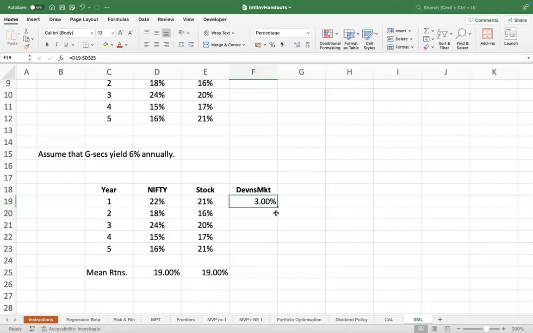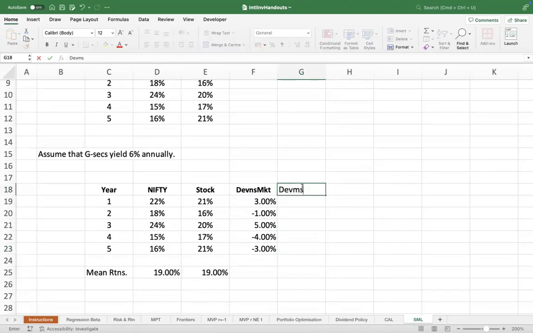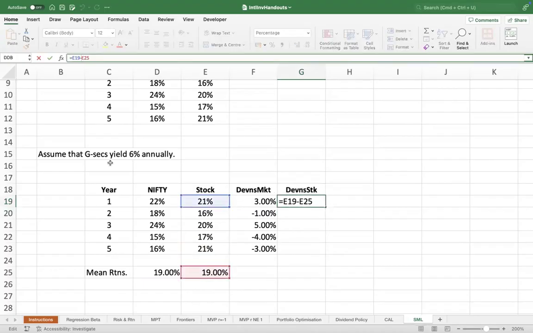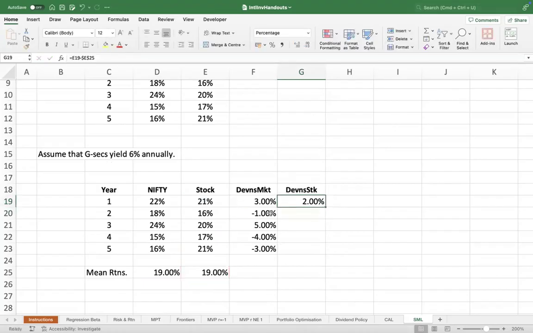And I will repeat that for all the years. Same way for deviations for the stock, it will be each individual return minus the mean return. And I will repeat that for all the years.